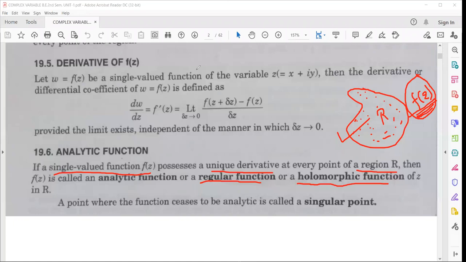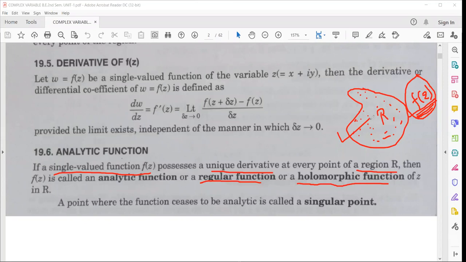So for an analytic, regular, or holomorphic function, the condition is that you won't get even a single point in the region R where the derivative of the function f z does not exist.